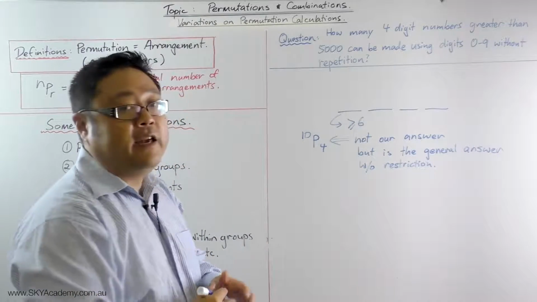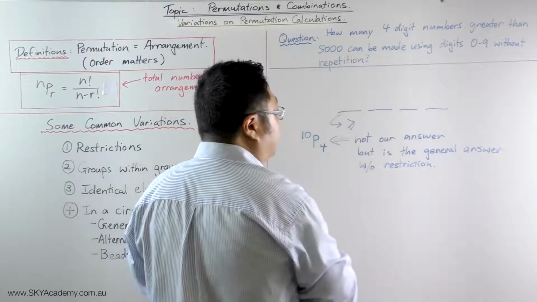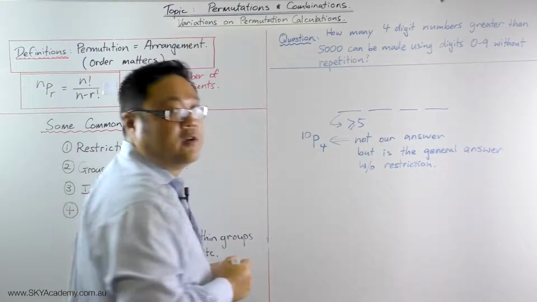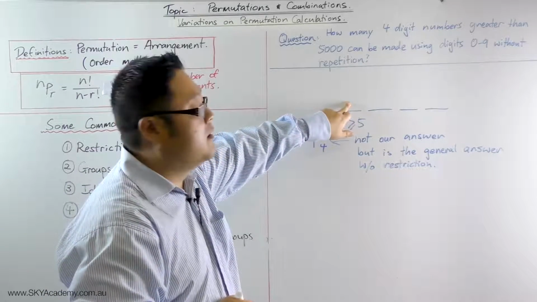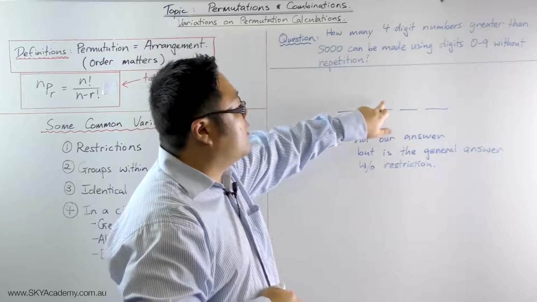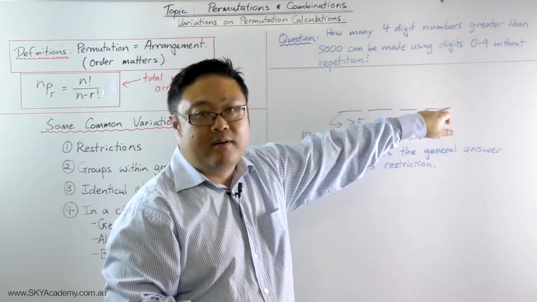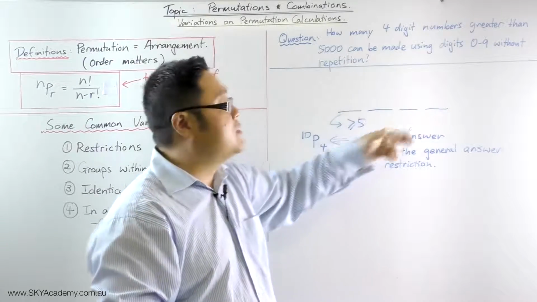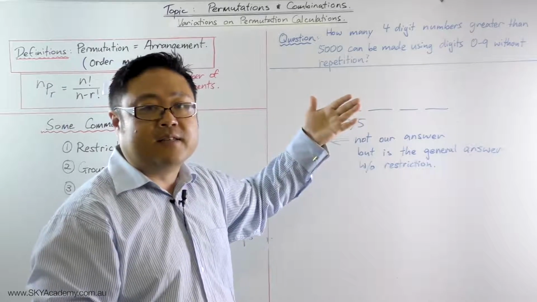In fact, it'll also be greater than or equal to 5, because as long as you've got 5 there, all these other numbers can't all be 0. They're all going to be other numbers, which would make the total answer greater than 5,000.